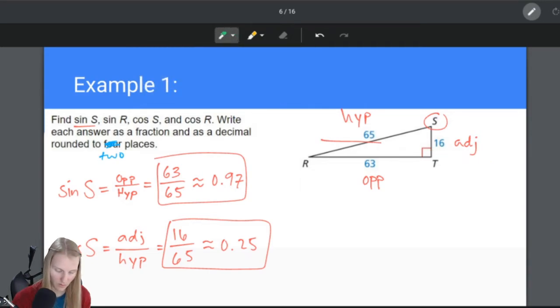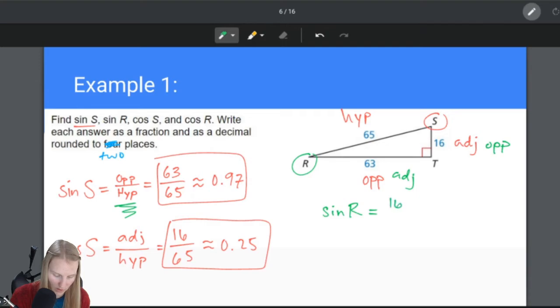Alright, let's switch colors. And now we will take a look at R, sine of R and cosine of R. So remember that when you switch the angle you're looking at, you also switch the opposite and the adjacent. So now the adjacent becomes the opposite, and the opposite becomes the adjacent. So now when we're looking at sine of R, we are still looking at the opposite over hypotenuse.